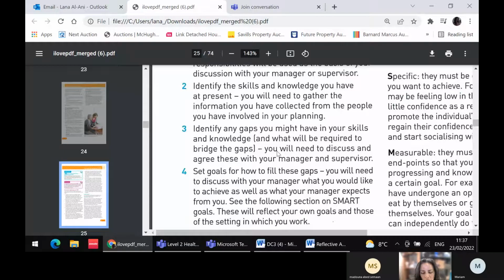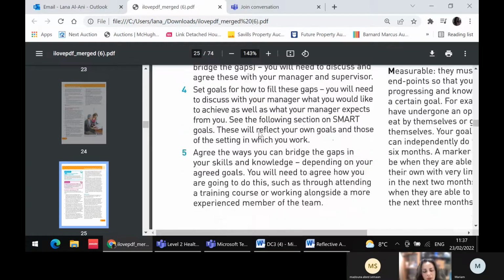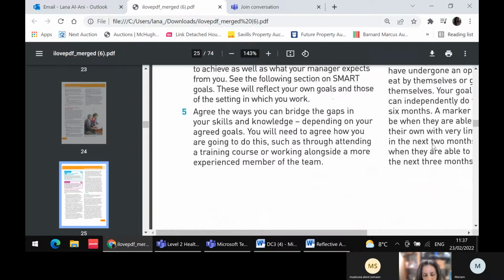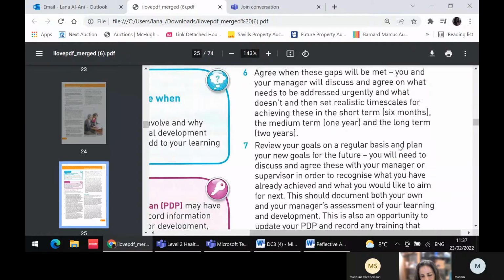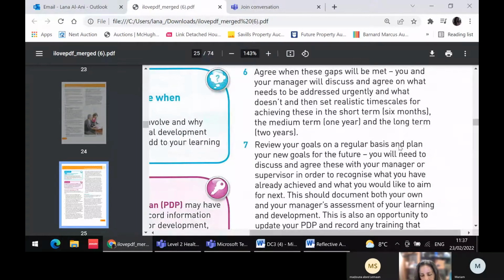So you will need to discuss with your manager what you would like to achieve and how you achieve it by doing a SMART target, SMART goals, and you reflect on your own goals you set at work. And then you agree with your manager about how to bridge the gap, what skills and knowledge you need, what kind of training you need to take, and then you agree with your manager about timing to bridge these gaps.